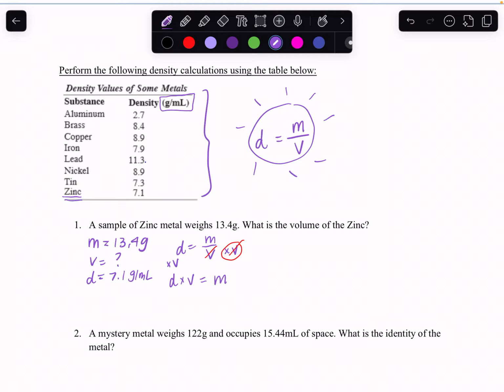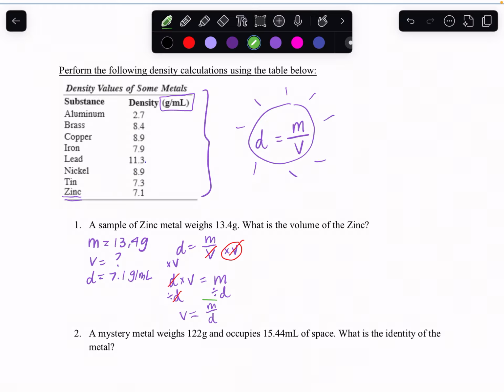So the next part would be, well, I'm almost there. I now just have to move my density from the left side of the equal sign to the right side. I would do this by dividing both sides by density. Okay? Looky there. So when I divide by density on the left, I get rid of it completely. And my new equation becomes volume equals mass over density.